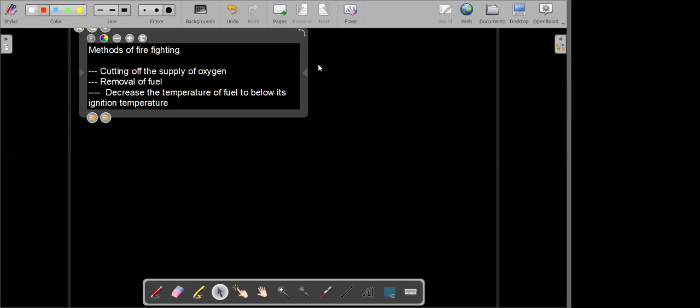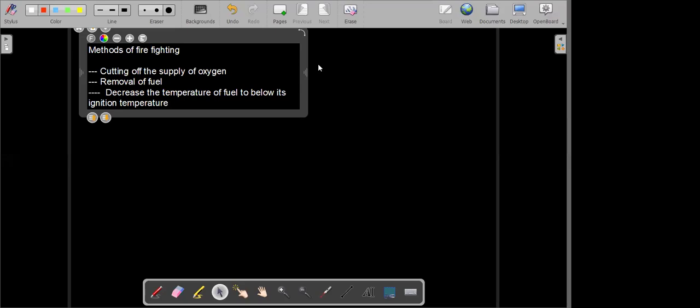Whether you are using fire extinguisher, sand, or covering the substance with something, you are using these methods to cut off the supply of oxygen. Using any of these methods, you will be able to extinguish the fire.